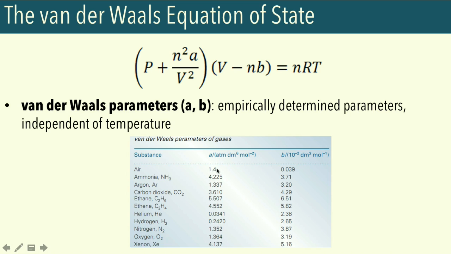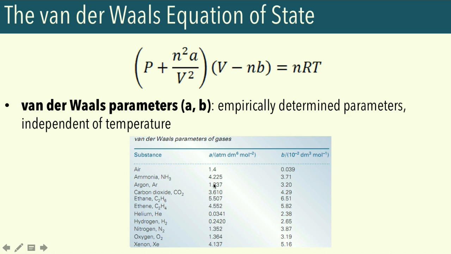So let's compare the A values for ammonia versus argon. Argon is a noble gas, so the intermolecular forces between argon molecules are just van der Waals forces. The intermolecular force of attraction for ammonia molecules is hydrogen bonding, so it's much stronger. So we have a larger value of A compared to that of argon.